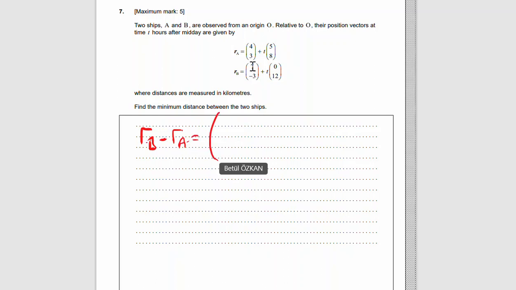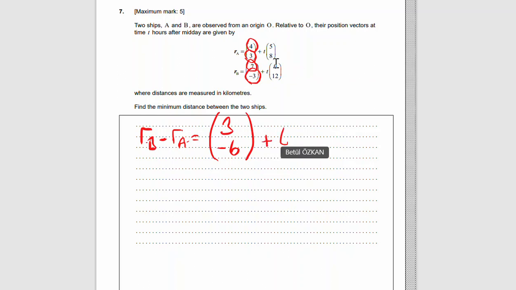Be careful. I'll start with 7, so it will become 7 minus 4, which is 3 for the first parenthesis. Then minus 3 minus 3 will become minus 6 here. This is the first part.